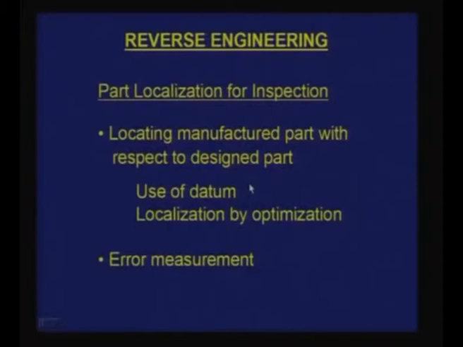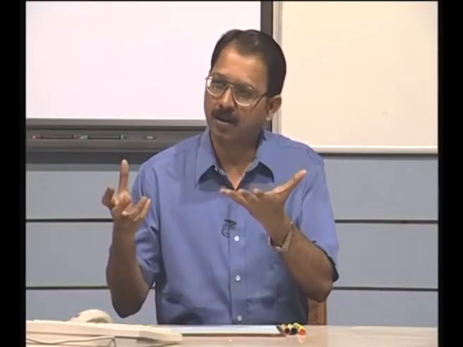So there are two approaches. One is, I have a datum for the design part, and I am also able to obtain the same datum for the manufactured part. If these two datums can be matched, that means I have a CAD model of the design part and I have the manufactured model.